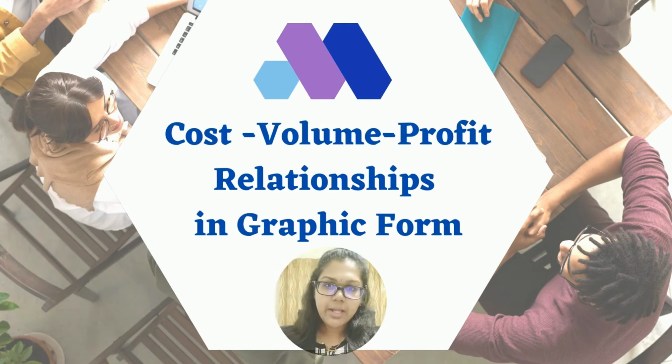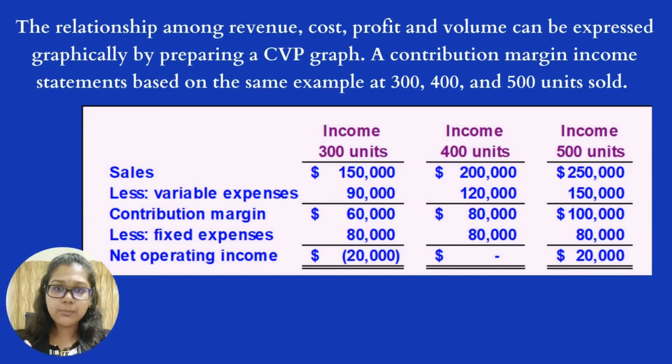We're going to take a look at the relationship between cost, volume, and profit through a graph. The relationship among revenue, cost, profit, and volume can be expressed graphically by preparing a cost volume profit graph. To illustrate this, we will use the contribution income statement for the bike company, the same example, at 300, 400, and 500 units sold to get a better and clearer picture of the cost volume profit graph.